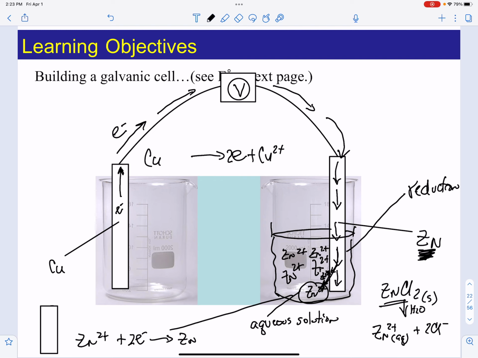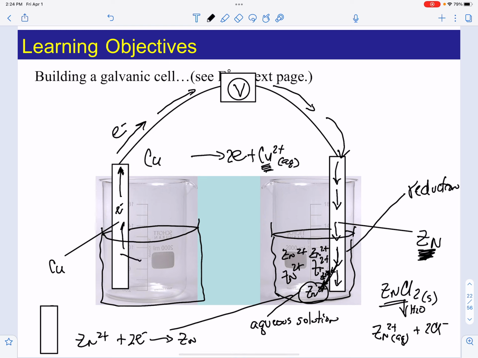Which means we're going to have another aqueous solution over here, so that this copper can become aqueous and be in the solution. So as the electrons leave, the copper 2 plus is going to go into the solution. And therefore, oxidation is happening here.